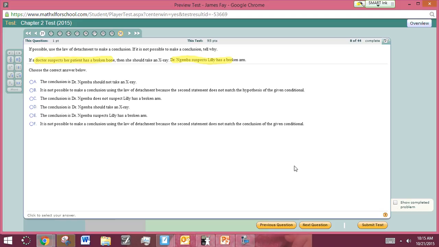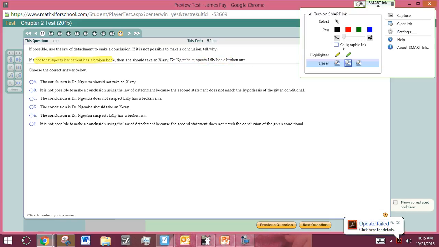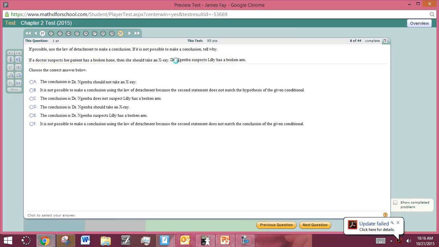Okay, let's see if I can get a different one here. This is really the same question, but they give me a different second statement. The second statement says that the doctor suspects Lily has a broken arm. Well, that statement does match up with this statement here. We got a broken bone. Yes, they match up. So from the law of detachment, it tells me I should then do that for this scenario.